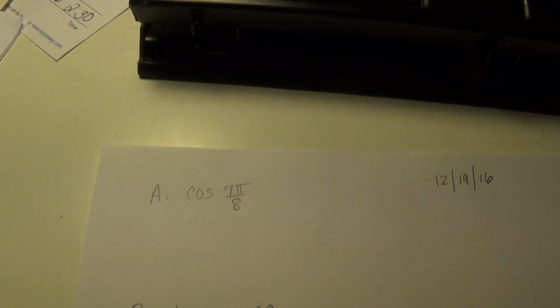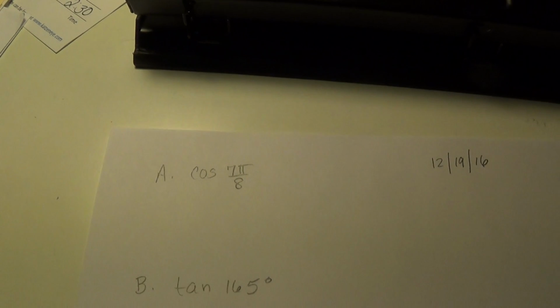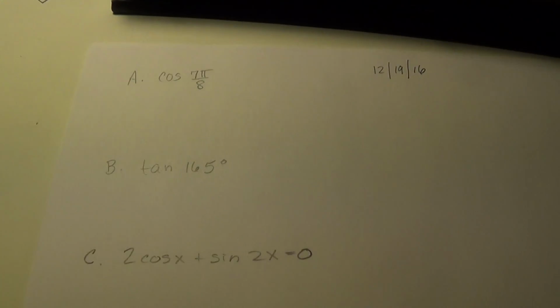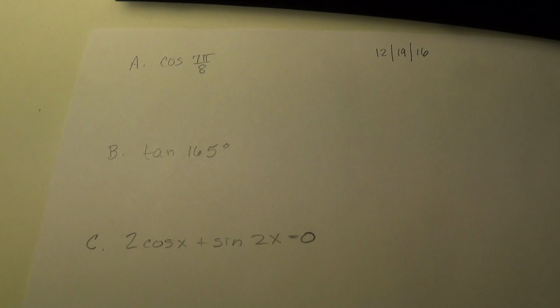We had these 5 challenges today in class, and I'm not sure if I was able to get to each of you to see if you were able to accomplish them, so I wanted to give you the answers. Here's what the problems were. We had cosine of 7 pi over 8, tangent of 165, this equation to solve.